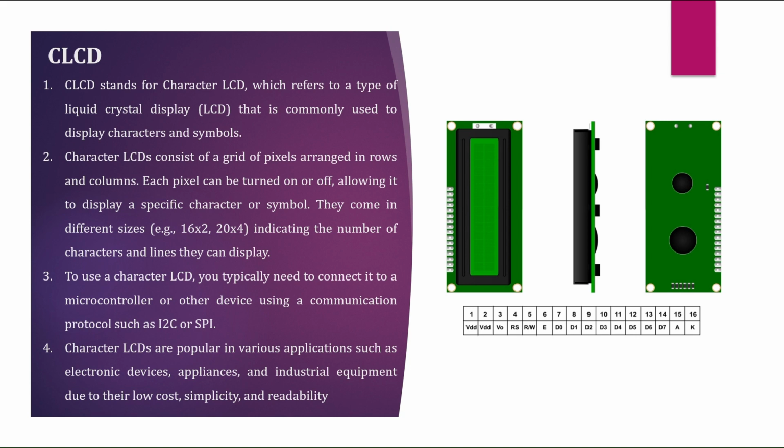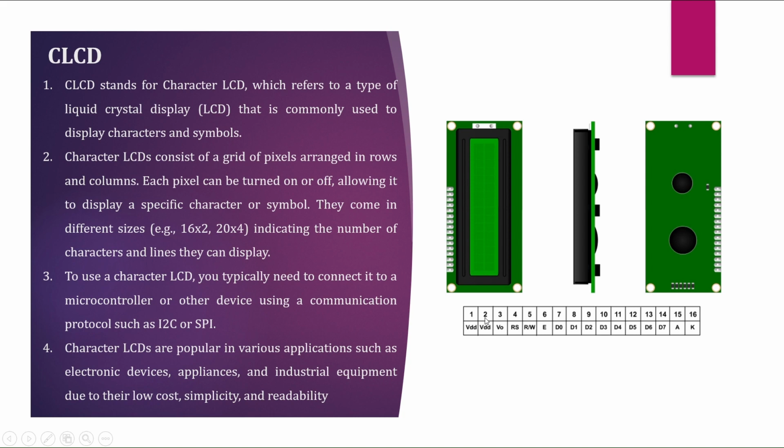Character LCDs are popular in various applications such as electronic devices, appliances, and industrial equipment due to their low cost, simplicity, and readability. In CLCD, we have totally 16 pins, and we have the specifications over here.